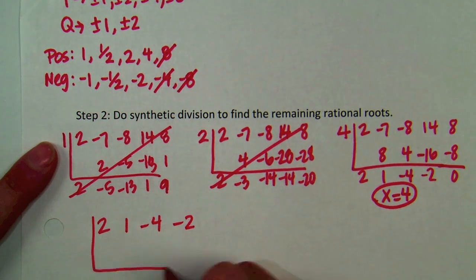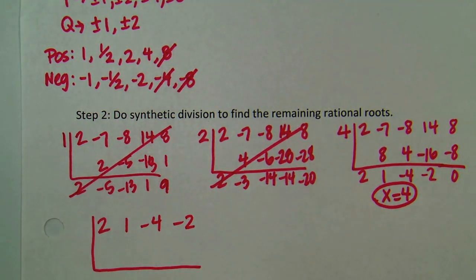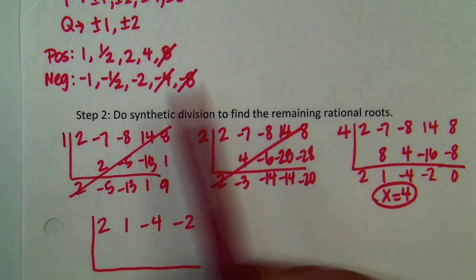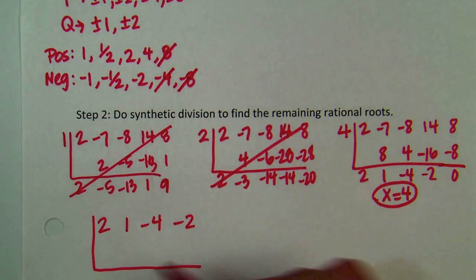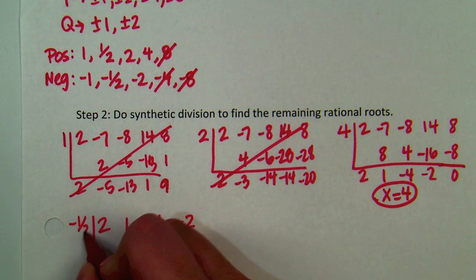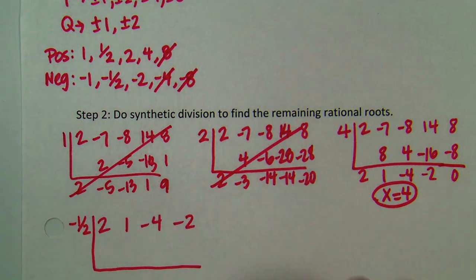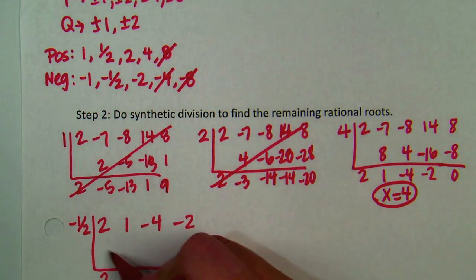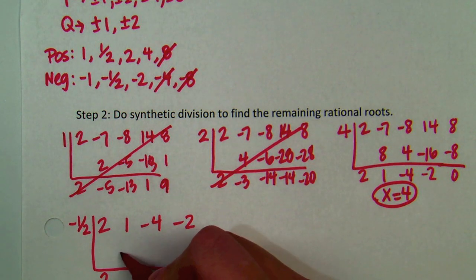Now remember, when we find one of our roots, we can use that bottom row to do our synthetic division with from now on. So that 2, 1, negative 4, negative 2, in a sense, we factored out x minus 4 from our original function.